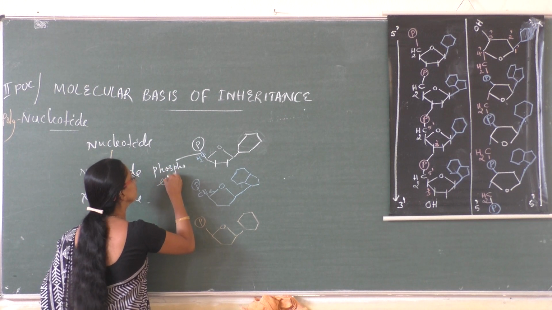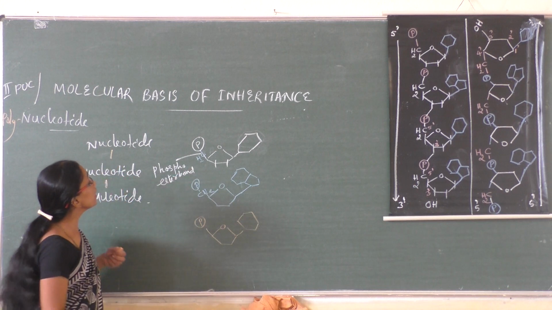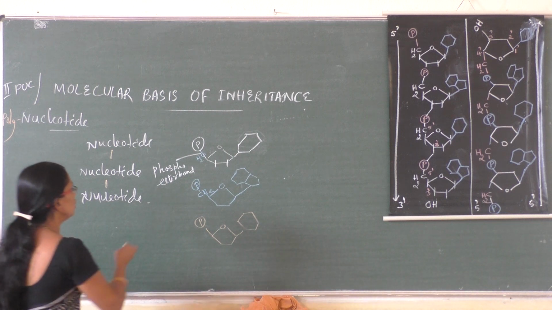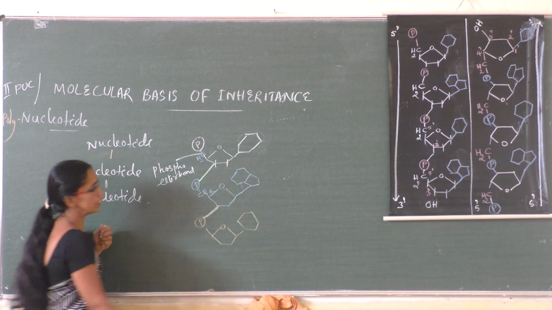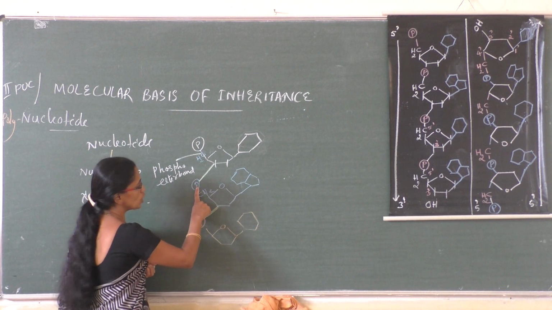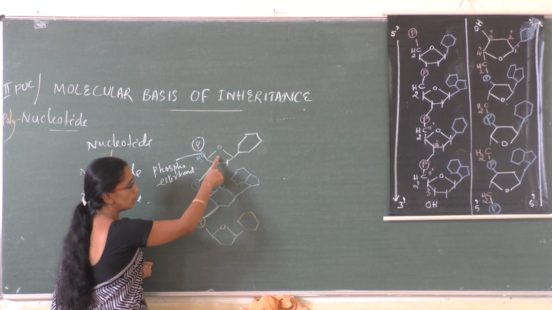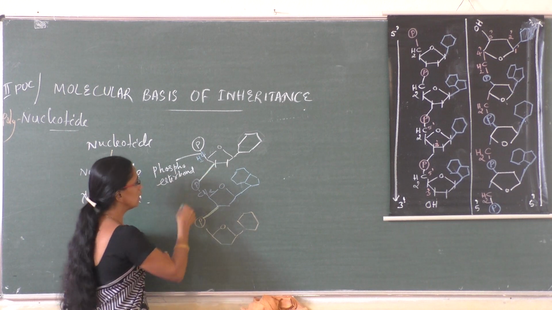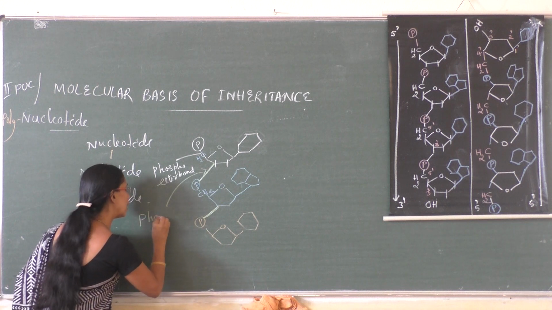Now these are connected like this. This phosphate is connected to this, and this phosphate is connected to this. Means what? The phosphate of another nucleotide is connected with the neighboring nucleotide by again a phosphoester bond.